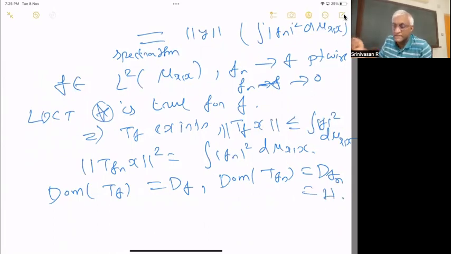A bounded function with a finite measure is integrable, so it's everything. And the domain of Tf minus Fn is equal to the domain of Tf.